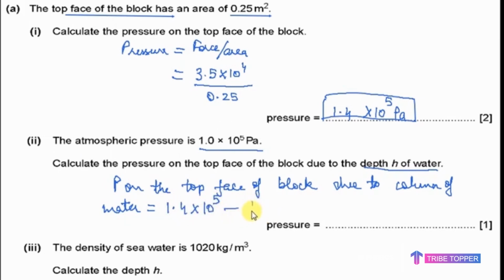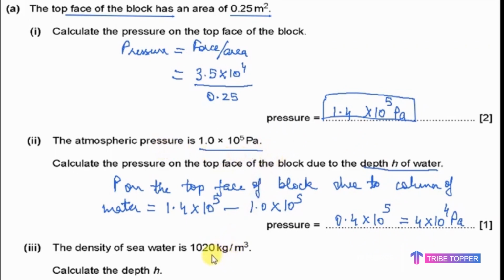Out of that you subtract the atmospheric pressure, which is 1. So we get the pressure due to the liquid column as just 0.4 into 10 to the power 5, or we can also write it as 4 times 10 to the power 4 Pascal. Right? So we have just got the answer by subtracting the atmospheric pressure out of the total pressure.